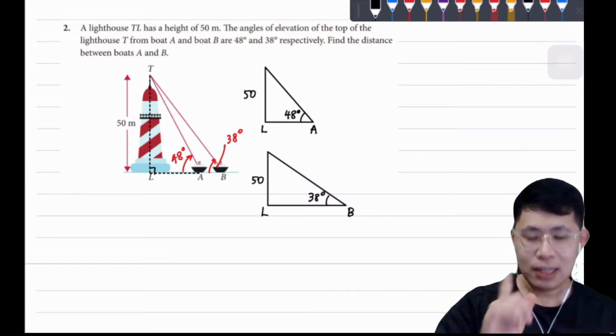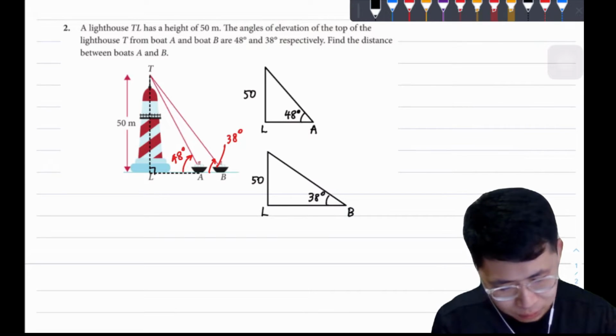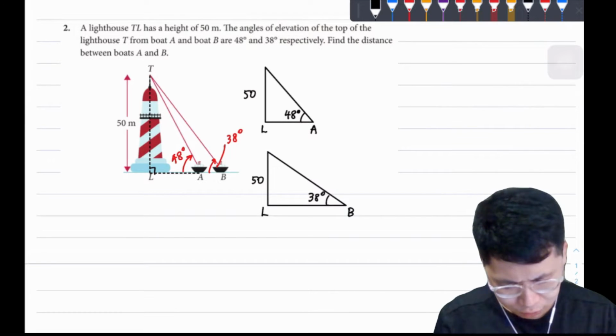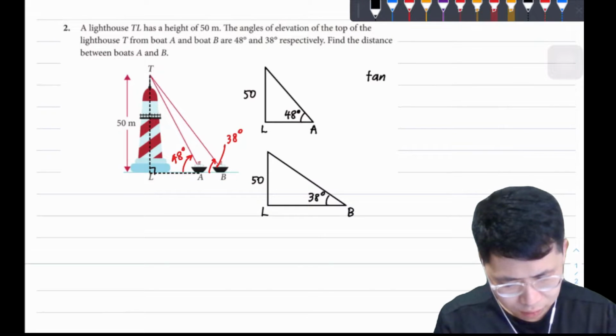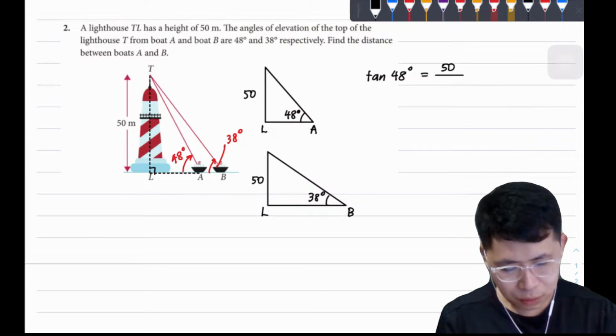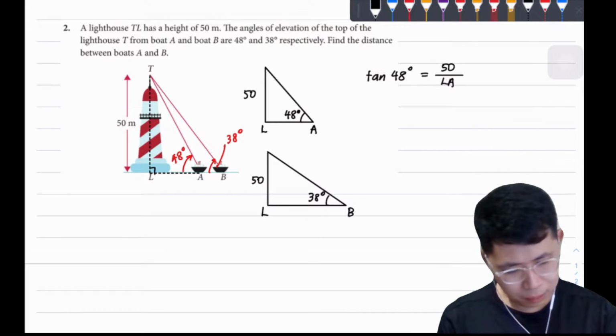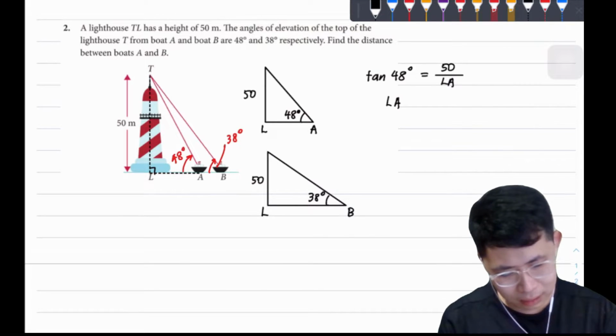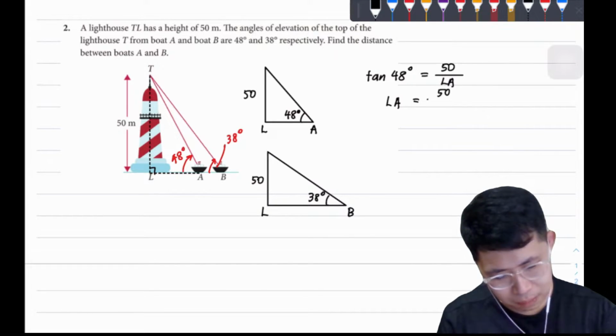Let us form the equations. Firstly, let's start with tangent 48. Tangent 48 is opposite 50 over the adjacent, which is LA. Swapping positions, LA would be 50 divided by tangent 48.